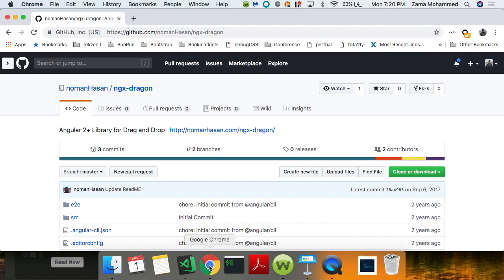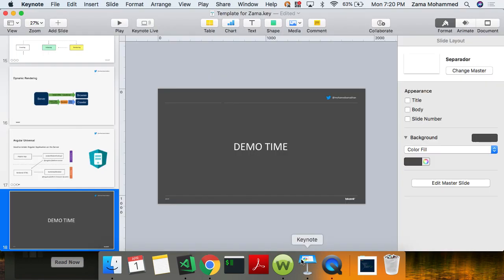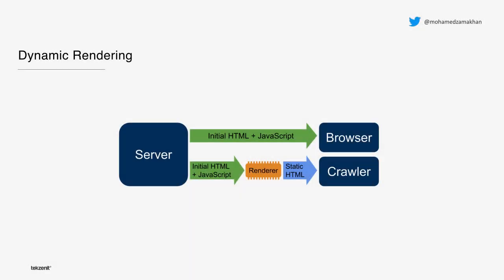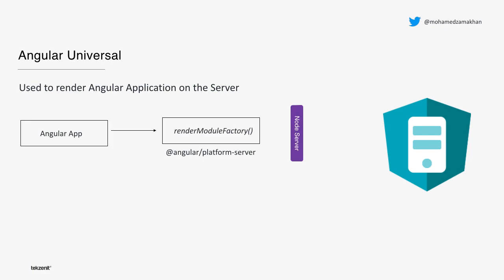In dynamic rendering, you have to load your HTML, then JavaScript and CSS, on that renderer, and then your page gets loaded. But in this approach, it's a bit different. It just uses platform-browser, which understands your Angular code and loads it faster than that approach.